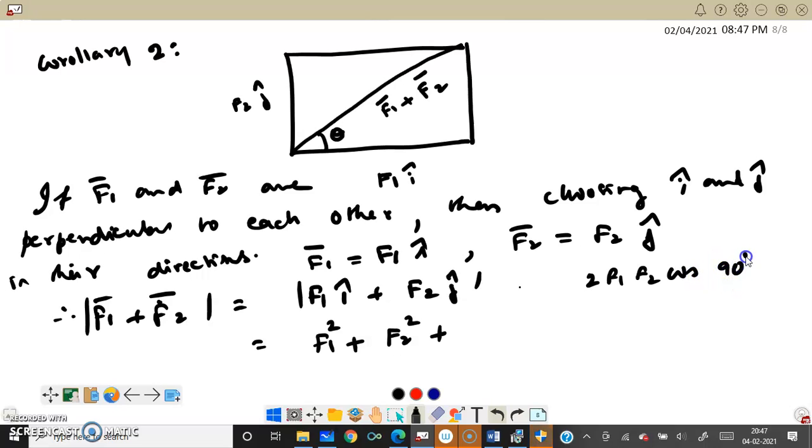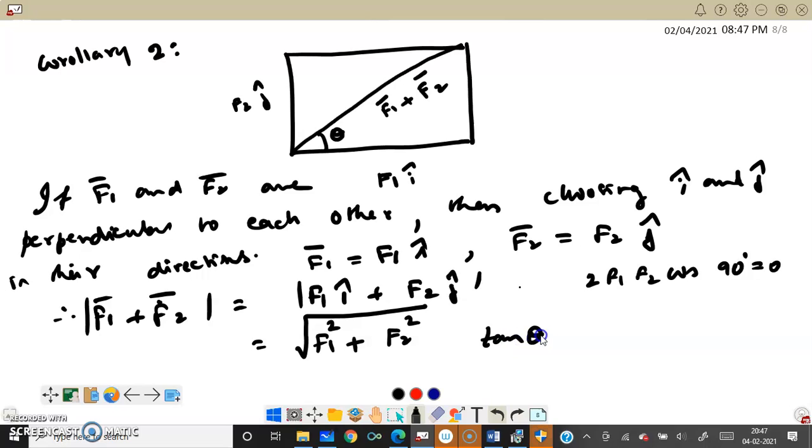The angle between them is 90 degrees, cos 90 is 0, so this term will not come. Simply F1 square plus F2 square will come, because cos 90 is equal to 0, right? Only F1 square plus F2 square alone we will get.